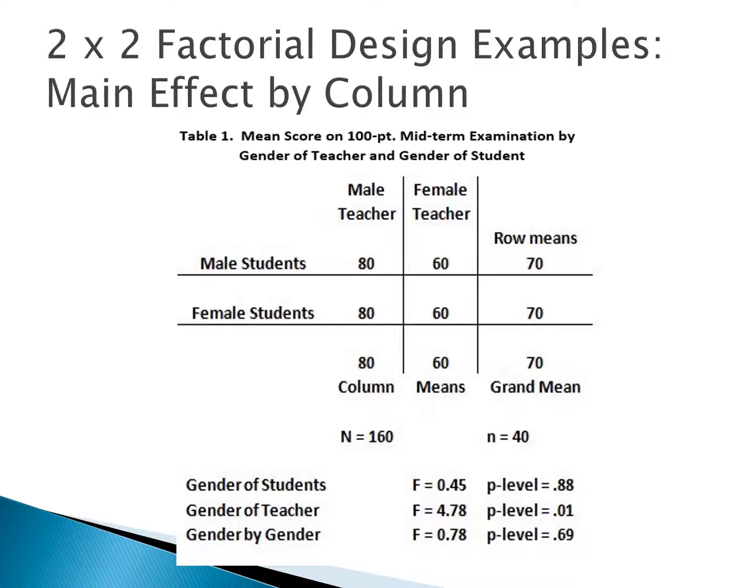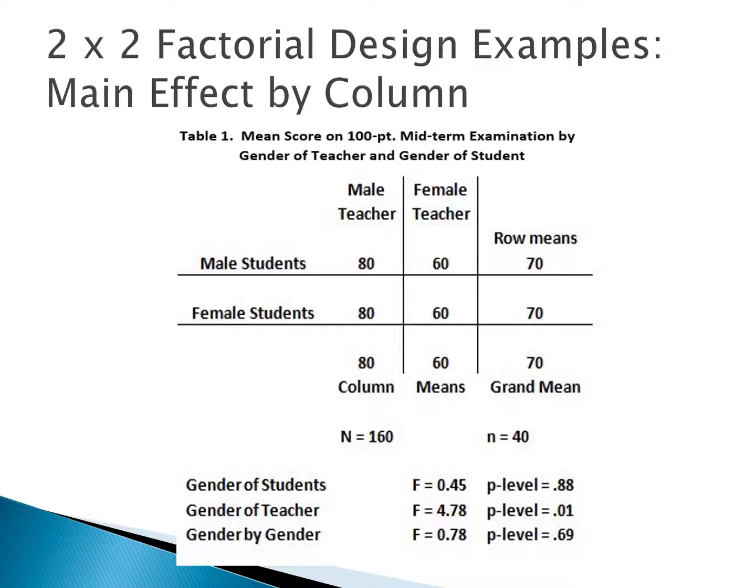So why I wanted to point this out is you get the exact same P level and F value for gender of teacher, but an opposite result. So you have to make sure you're reading what the tables are providing and not just looking at the P level, because maybe you predicted female teachers and you see, oh, I've got a P level that's significant, so I must be right.